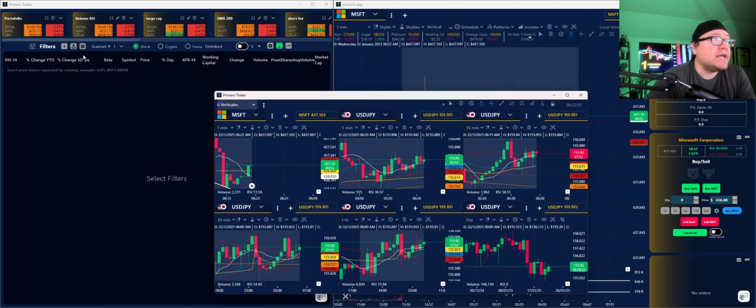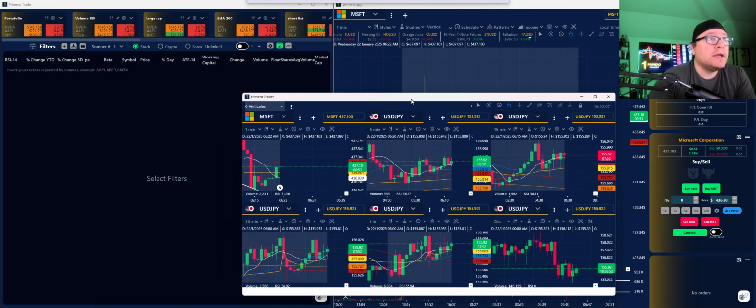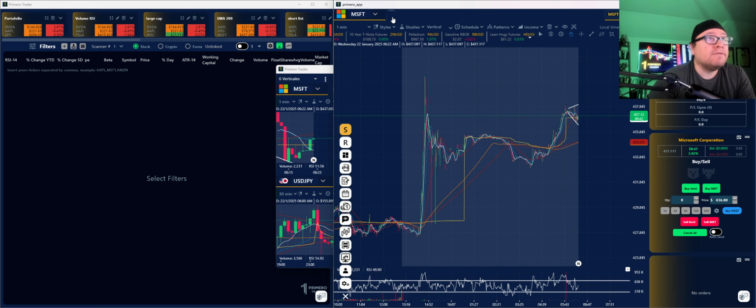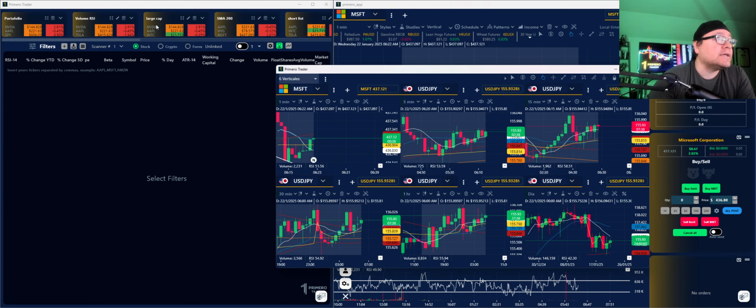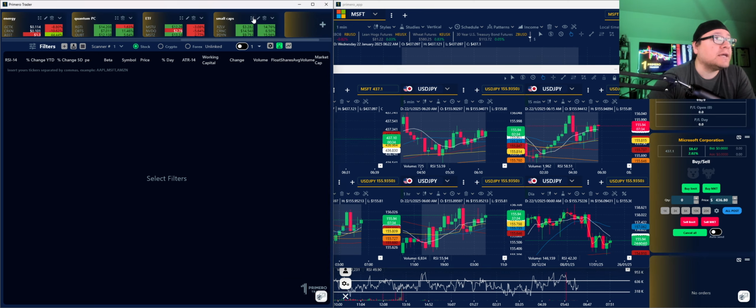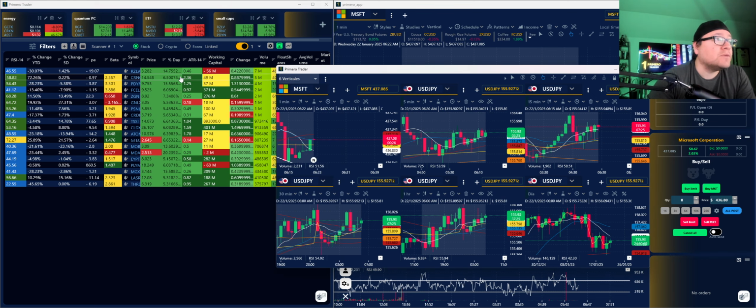So basically, I have the scanner here. I have my multi-graph, multi-chart here, and everything is connected. So if I go here, I press connect. If I go here, I press connect. And let's say I'm gonna go look for my small cap scan. So I open that. This is yesterday's scanner. So the scanner right now, this is what's popping up from yesterday.